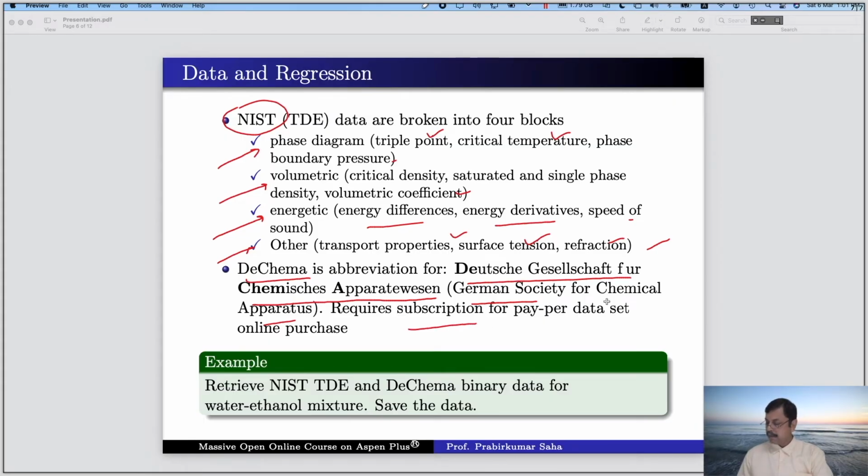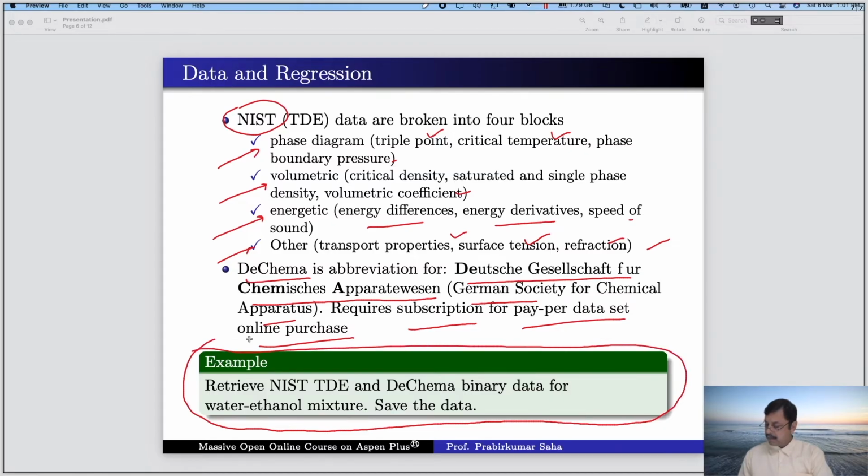You have to pay per dataset, an online purchase, not free of cost. Now I will give you an example of how to retrieve the data from NIST TDE and DECHEMA binary data for the water ethanol mixture and how to save the data.